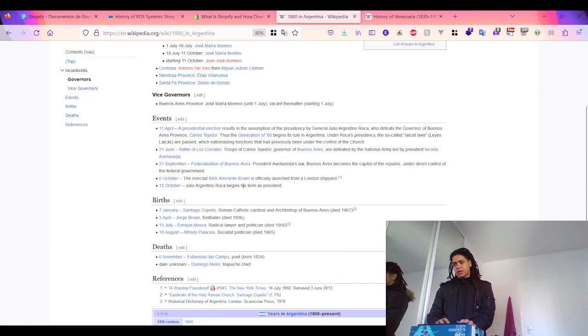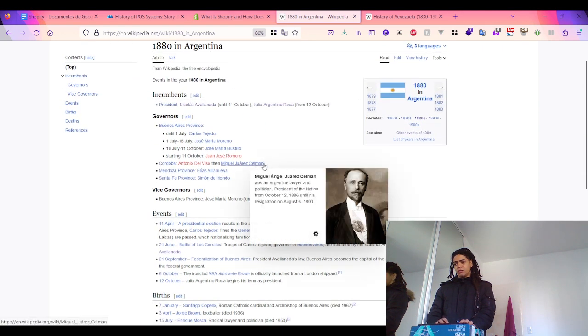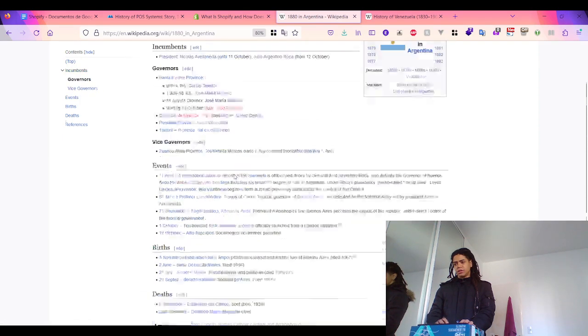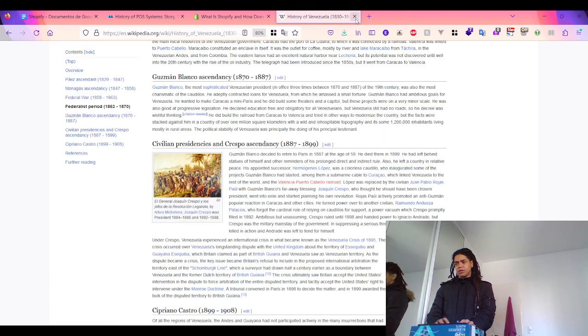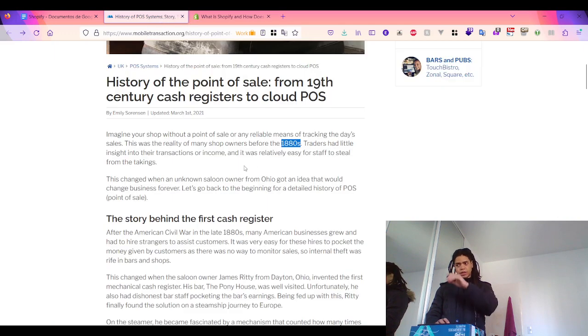Julio Argentino Roca begins his term as president. So Julio Argentino Roca and Guzmán Blanco. In the 1880s, Guzmán Blanco was in Venezuela and Roca began his mandate in Argentina.